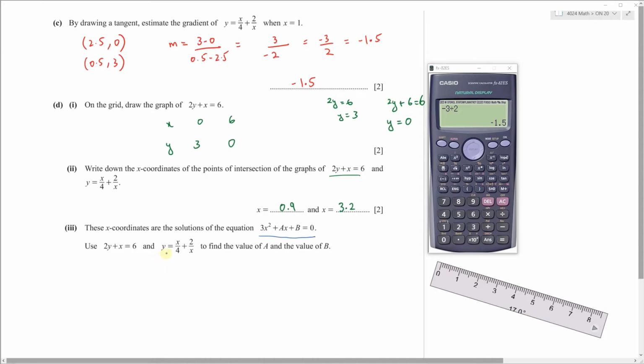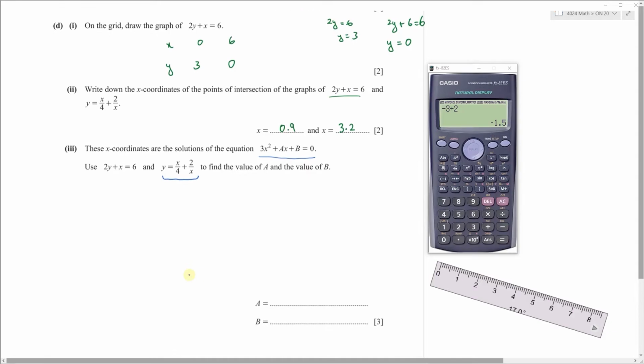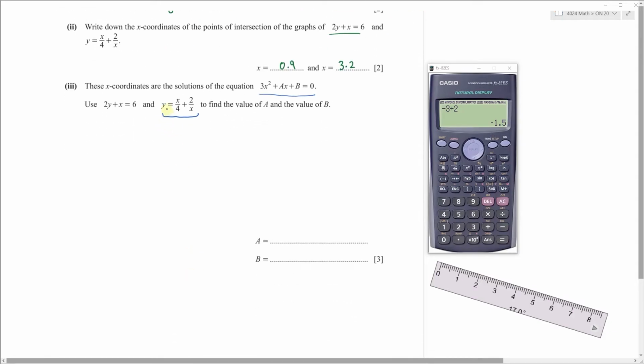I am given here y equals this, so I can use the substitution method and substitute y into this equation here. So 2y will become 2 into, I'll substitute the value of y, x over 4 plus 2 over x, and then plus x equals 6. Now I have to get this equation down to this form so I can easily compare them to find the values of a and b.